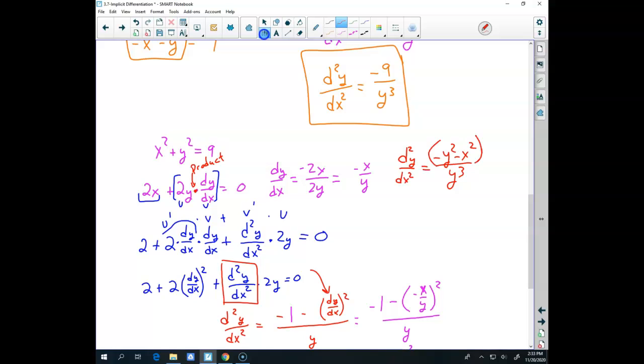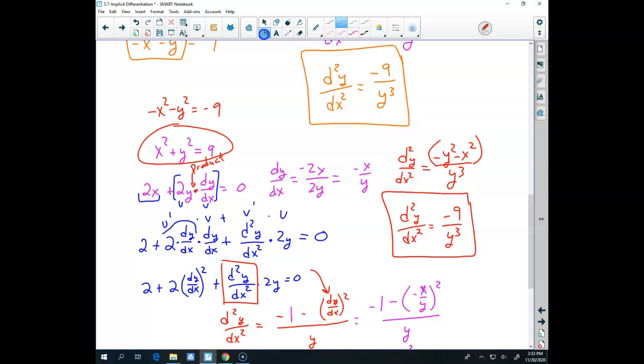I still have that substitution I can make back here. So I know if x squared plus y squared equals 9, I do know the opposite, negative x squared minus y squared equals negative 9. So I can still plug that in and say negative 9 over y cubed.